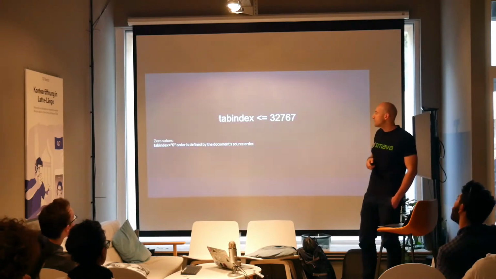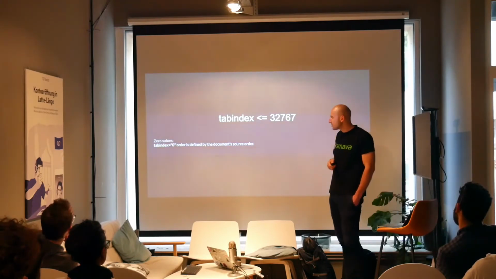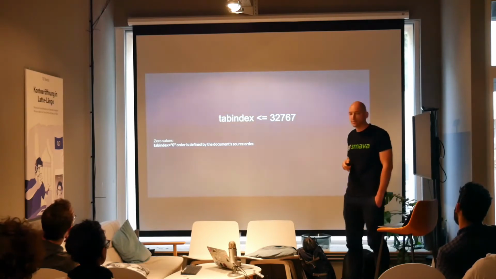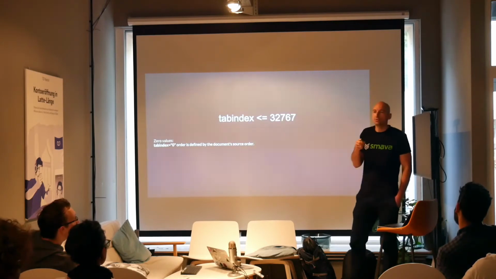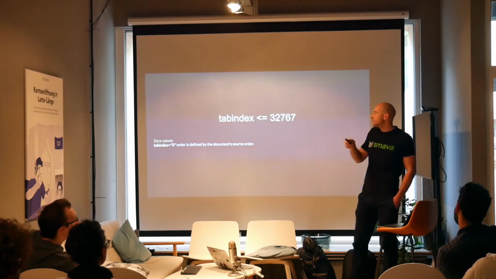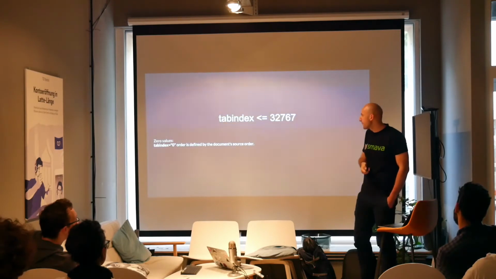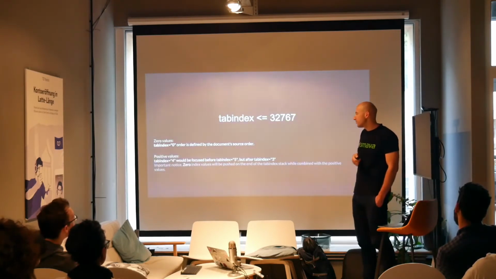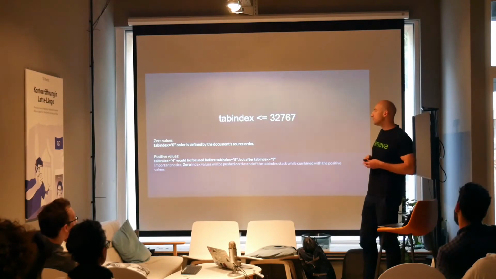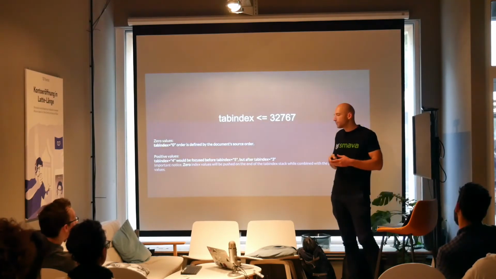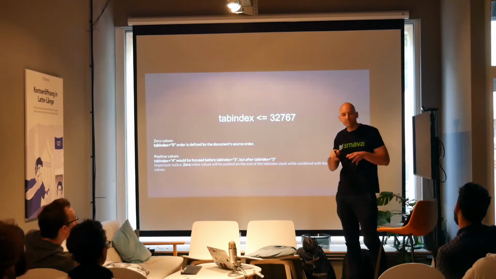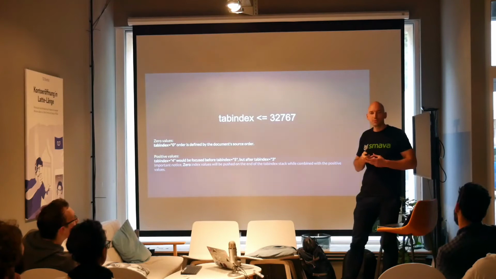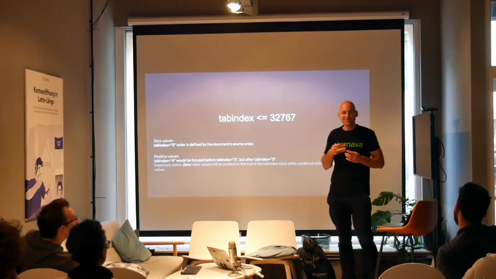There are a couple of ways to handle this. First is to set tabindex equals 0 on everything, and then the order of the elements in the DOM dictates the order of navigation. Now comes the funny part. If you use positive values, like 4, 5, or 3, you can force the user to jump around your application, which is not particularly great.